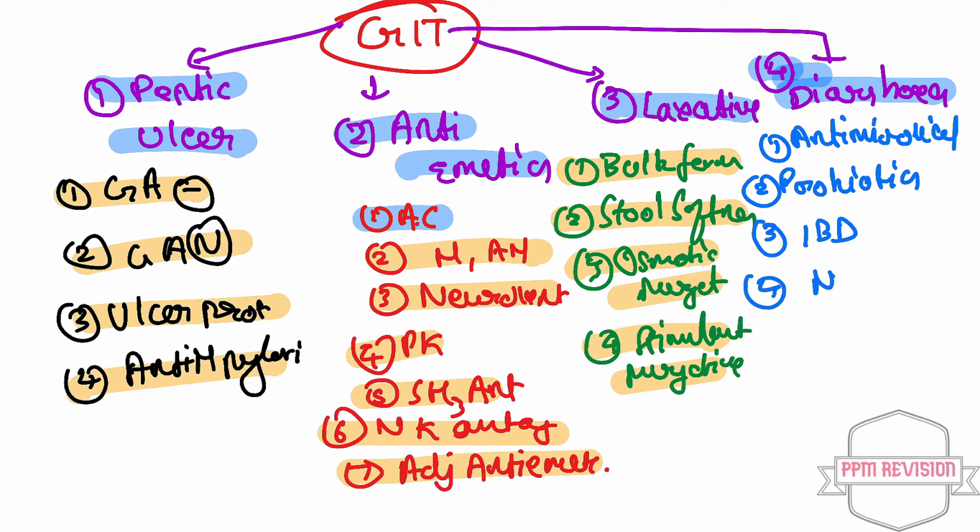Then also the non-specific, that includes absorbents, antisecretory, and antimotility drugs. Let me cover it again: antimicrobials, probiotics, inflammatory bowel disease, including 5-ASA compounds, glucocorticoids, and immunosuppressants, and non-specific, that includes absorbents, then antisecretory drugs and antimotility drugs.